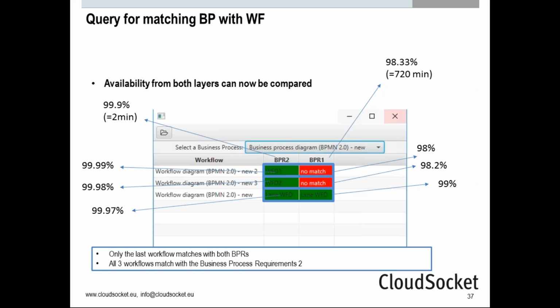If you look at the workflow descriptions, the availability for BPR2 is 99.9%, 99.98% and 99.97%, which is always equal or higher than the 99.9% that we have as the requirement. For business process requirement 1, this is not satisfied because the first 2 workflows have availability which is lower than 99.9%. So we only have one workflow that can satisfy these requirements.